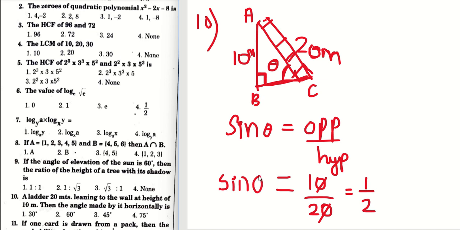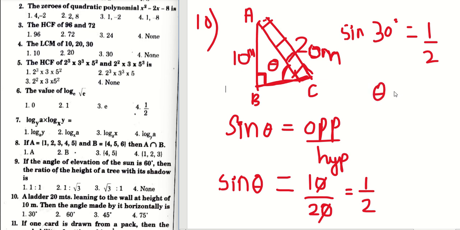If you look at the trigonometric ratios table, it will be at 30 degree. Sine 30 is how much? It will be 1 by 2, right? So I can write it as sine 30 equal to 1 by 2. So what is theta over here?